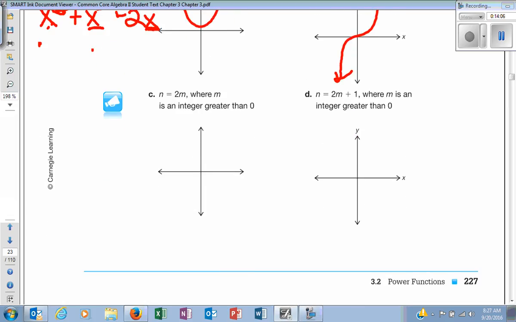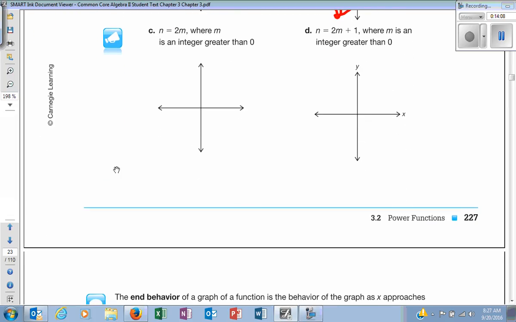What do you think about 2m? What is that really saying when n really equals 2m? Why? She's saying it's going to be even.